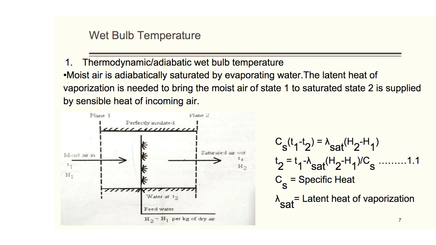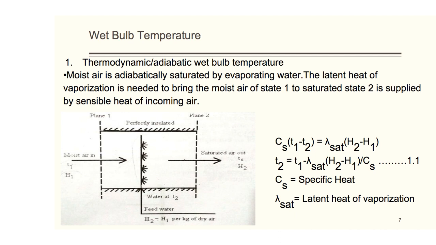When incoming air passes over a water surface and leaves in its saturation state, the temperature of that saturated outgoing air is termed the adiabatic wet bulb temperature. In this process, there is no incorporation of heat from the surroundings, right?